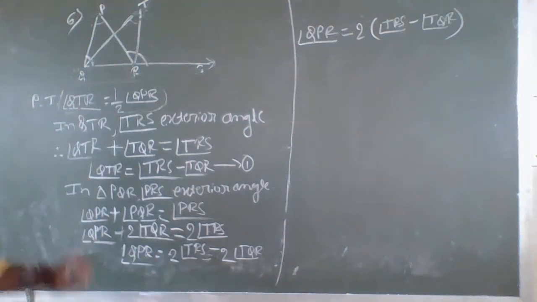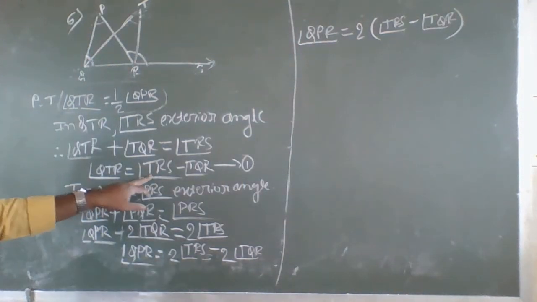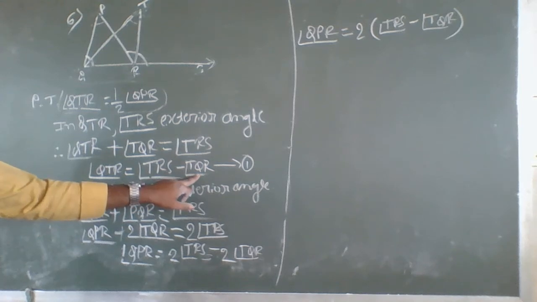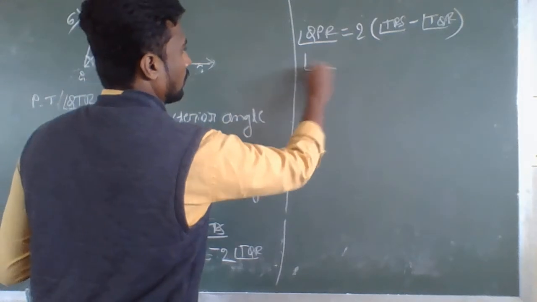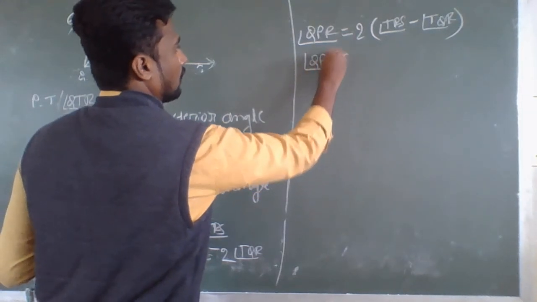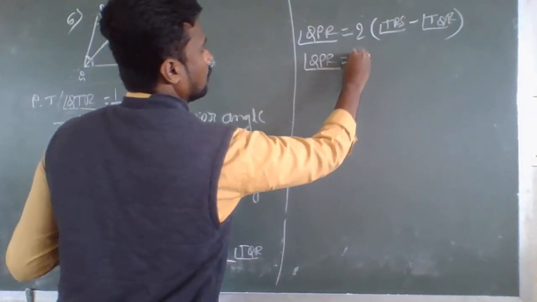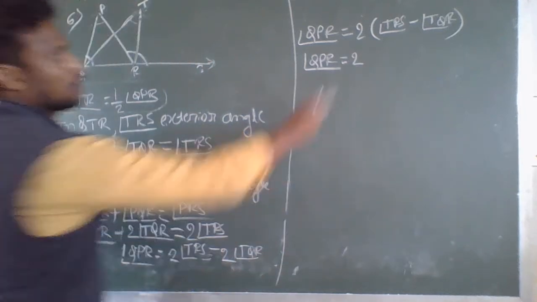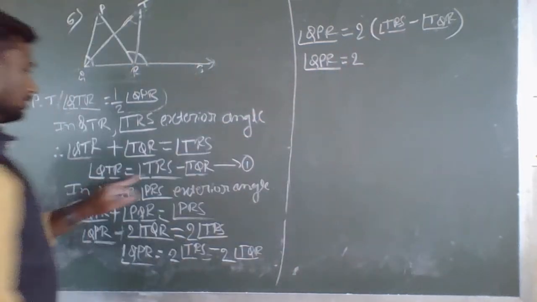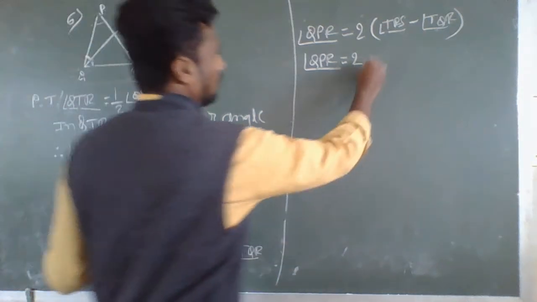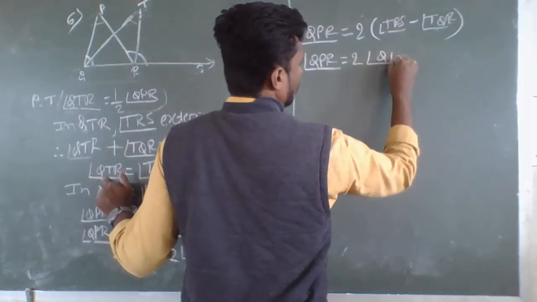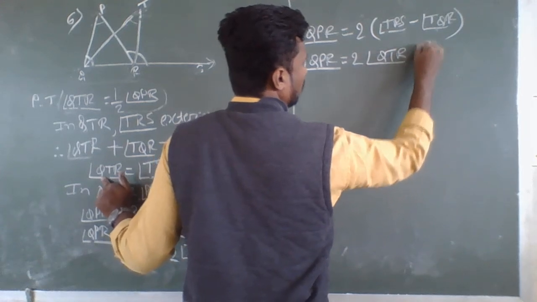So here we know TRS minus TQR means angle QTR. So angle QPR is equal to 2 into angle QTR, from 1.